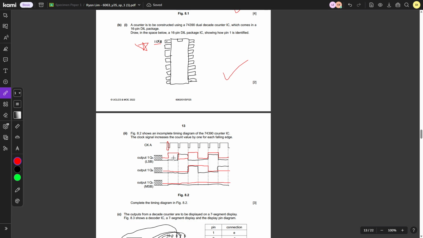Right, because 1, let me use my hands. 1, 0, 1, 0, 1. Wait, 1, 0. Oh, okay, wait, I'm wrong. But okay, this one is still wrong. So 1, 0, 1, then it will go up here. 1, 0, 1, 0, 1 is still up.